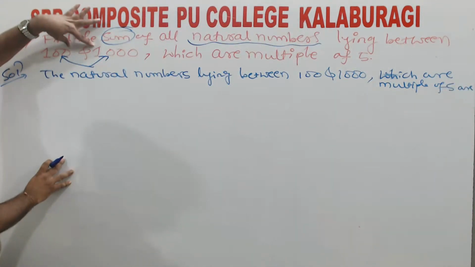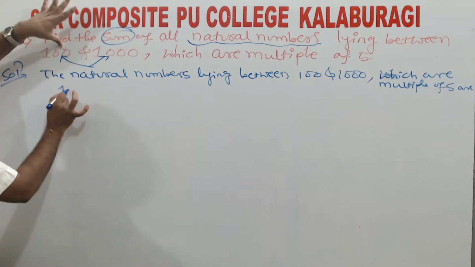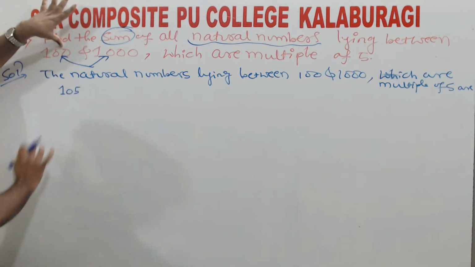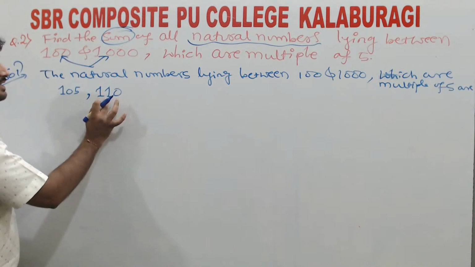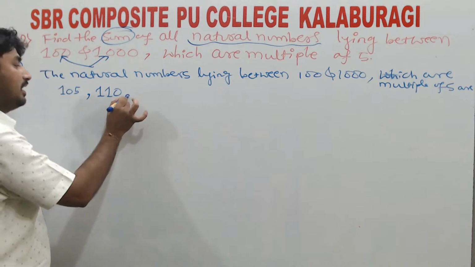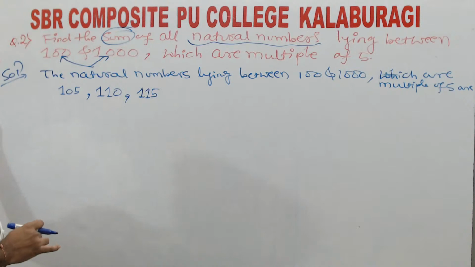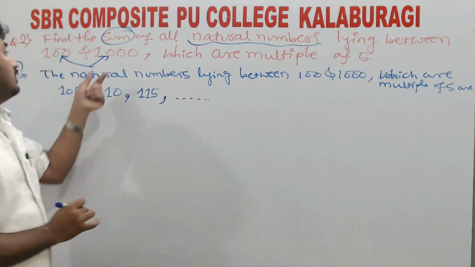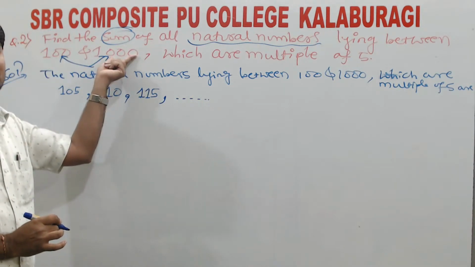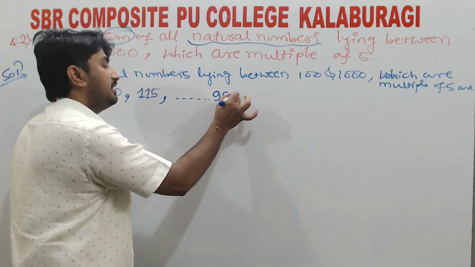So between numbers, not from 100, it is between, means 100, the next number is what? 105. It is the first term, a multiple of 5. And the next number is 110, the second term, a multiple of 5. And the next term 115, a multiple of 5, and so on. And the last number before 1000 which is a multiple of 5 is 995.